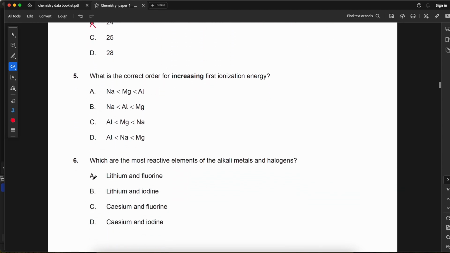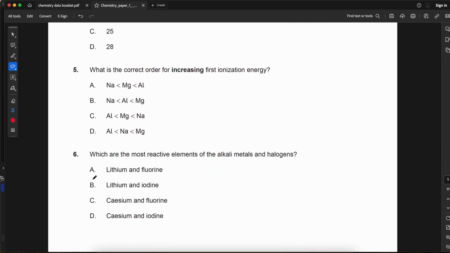Okay. What is the correct order for increasing first ionization energy? As you guys know, Na has atomic number 11, so 1s2, 2s2, 2p6, and 3s1. Mg is 1s2, 2s2, 2p6, and 3s2.